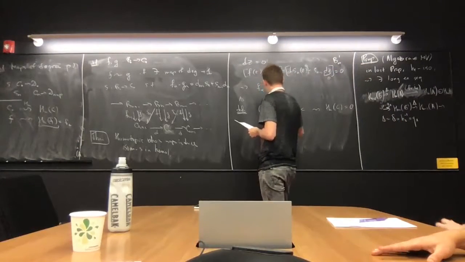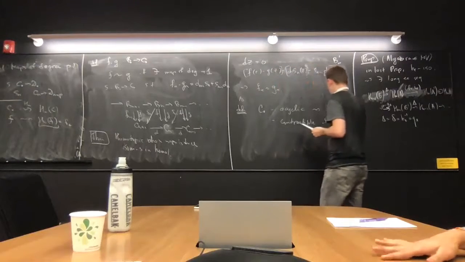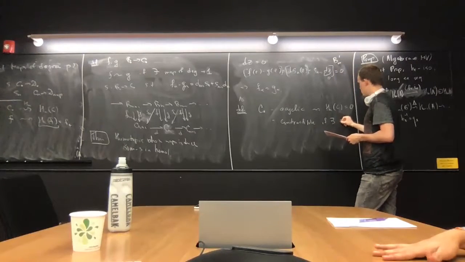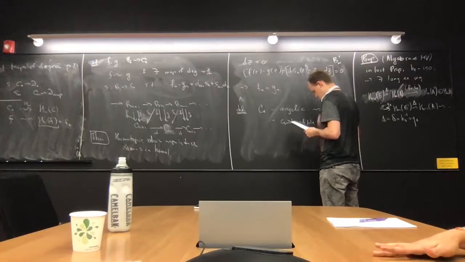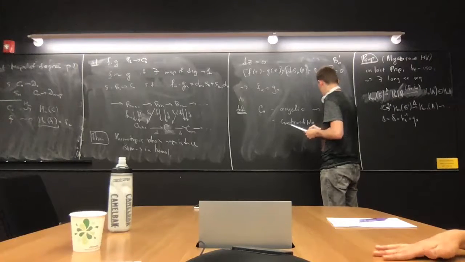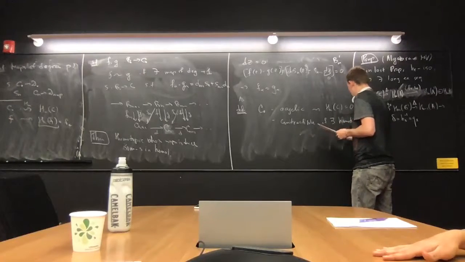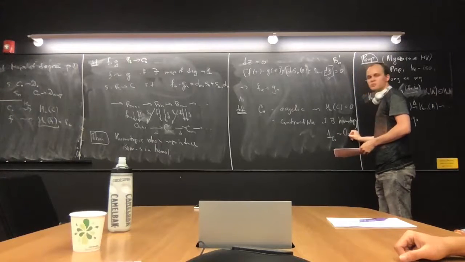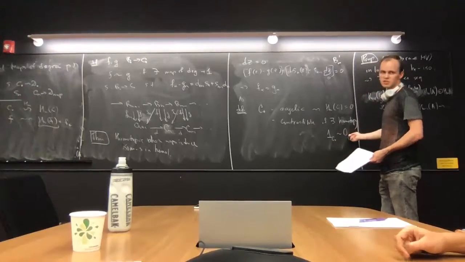It's also called contractible if there exists a homotopy between the identity on C and the 0 morphism on C, right? So by a homotopy, you can convert C to something that has a trivial homology.